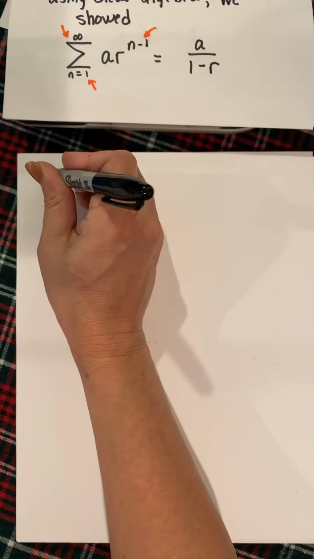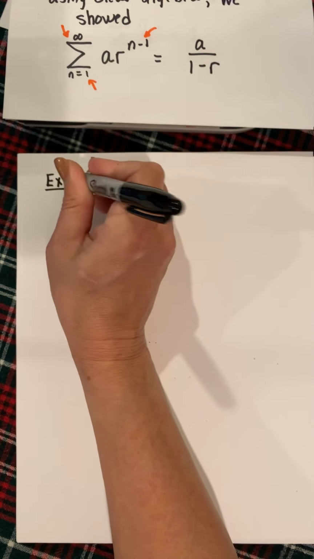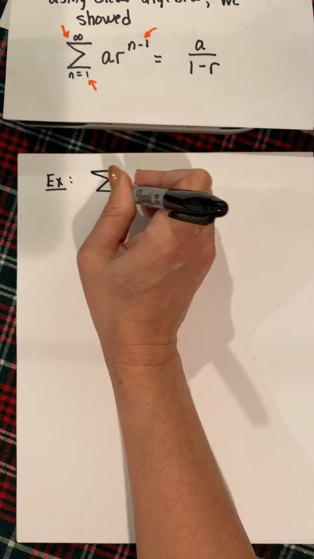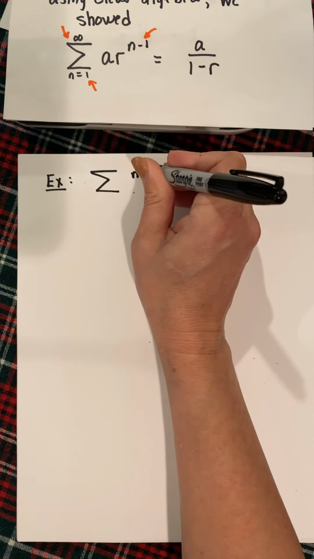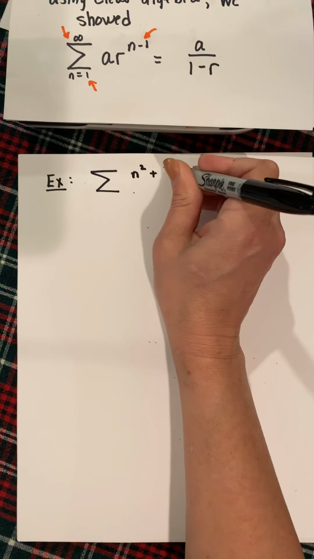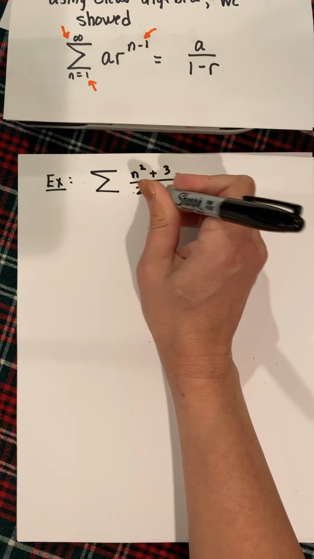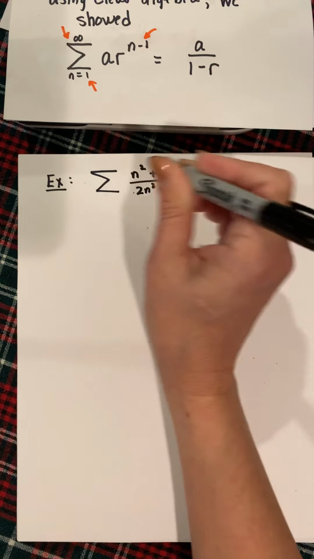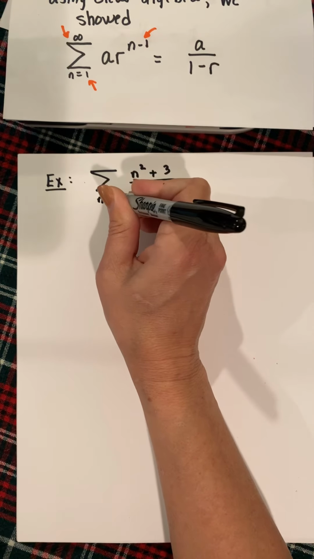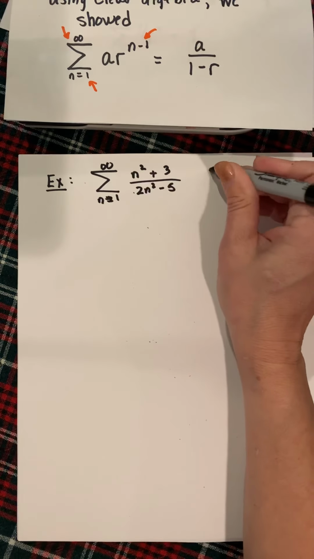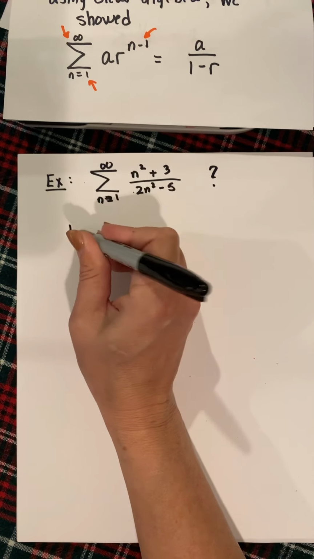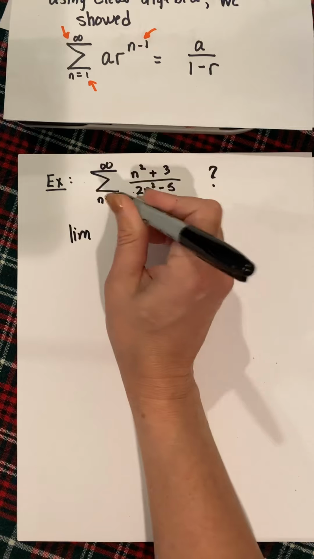So for example, let's look at the series of (n squared plus 3) over (2n squared minus 5) as n goes from 1 to infinity. What do we know about this? Well, let's take this as a series.